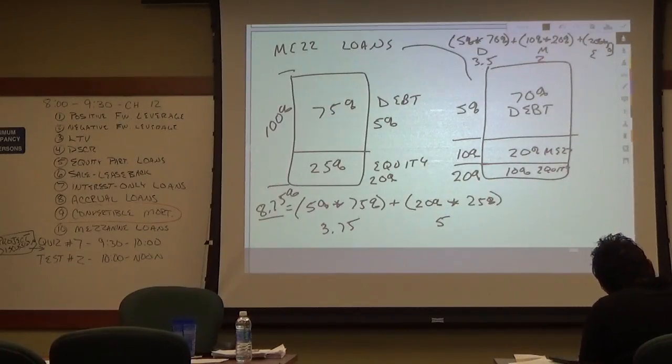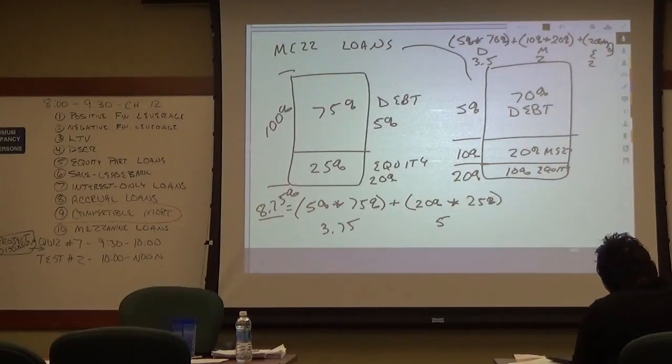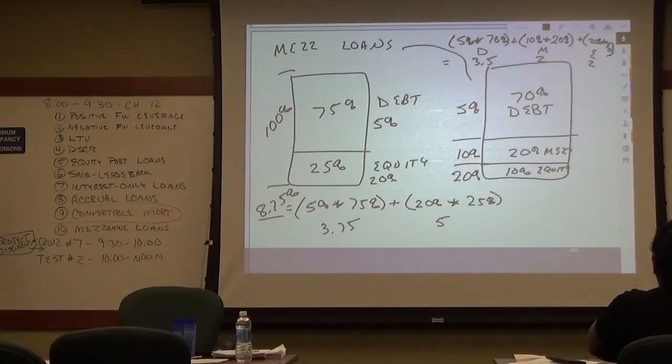This is 2. And this is 2. Okay, so totaled up, it'd be 3.5 plus 2 plus 2, 7.5%.